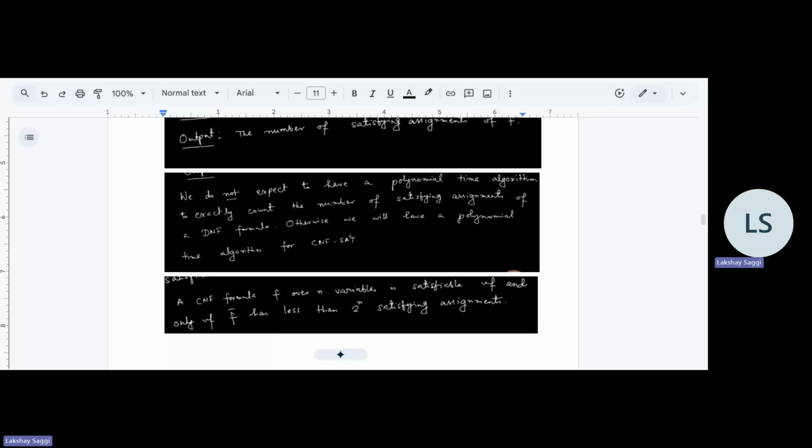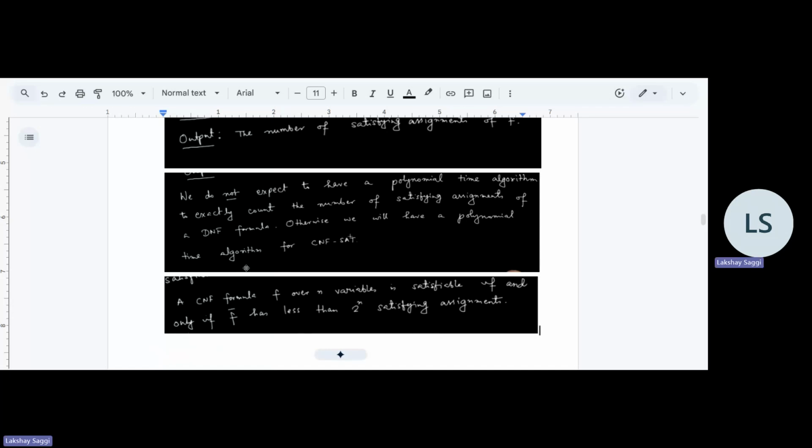Then for that assignment of variables f evaluates to true, so f bar evaluates to false. The maximum number of satisfying assignments is 2 to the n, so if there is at least one assignment at which f bar evaluates to false, the number of satisfying assignments for f bar will be less than 2 to the n.